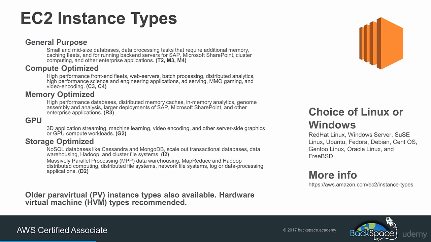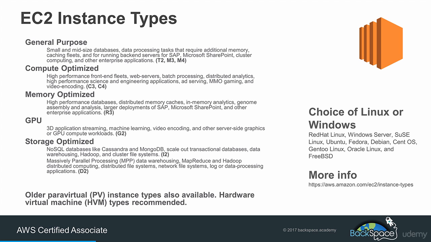The next one is compute optimized. So these are for compute intensive, CPU intensive applications, for web servers, batch processing, analytics and video encoding. So they're the C3 and C4 instance types. And then we have memory optimized.